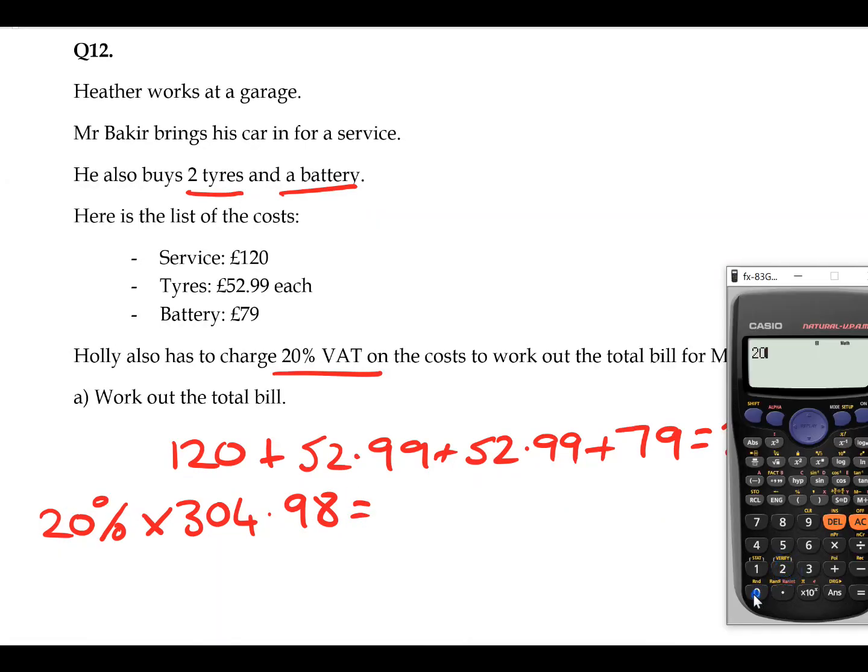It's 20 shift percent of the £304.98. Press equals, press the SD button, and it gives you the amount that the 20% makes, which is 60.996.